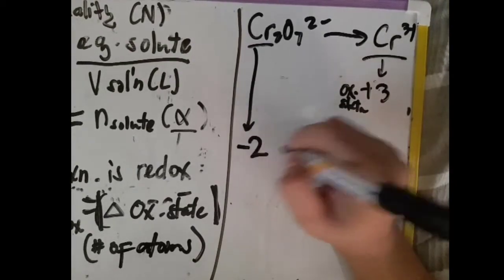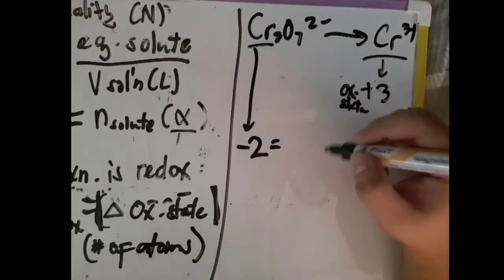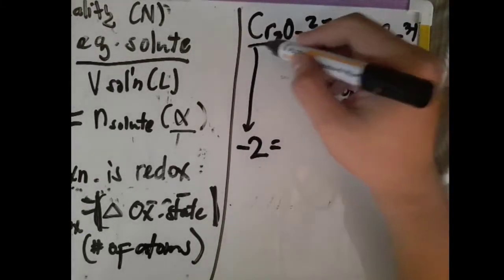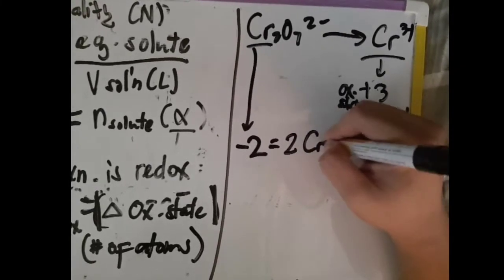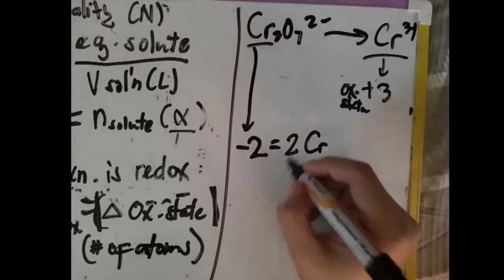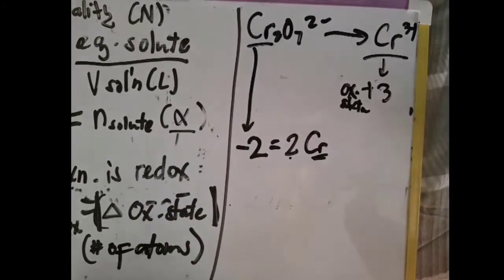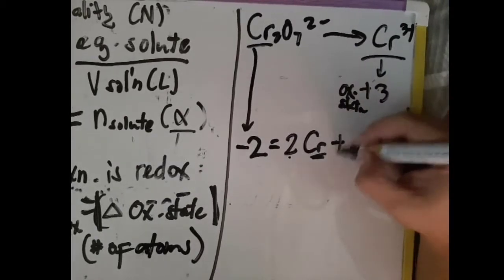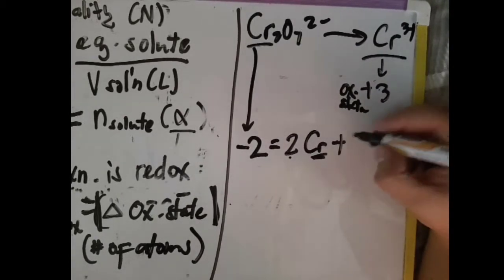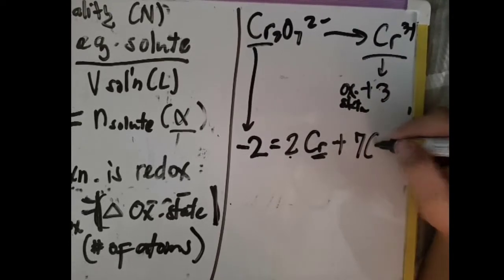So we need to know the rules of oxidation states. The overall charge of negative 2 is equal to the summation of the oxidation states of both chromium and oxygen. We don't know yet the oxidation state of chromium. We multiply the oxidation state of chromium by 2, since there are 2 chromium atoms present, plus 7 oxygen atoms with an oxidation state of negative 2.